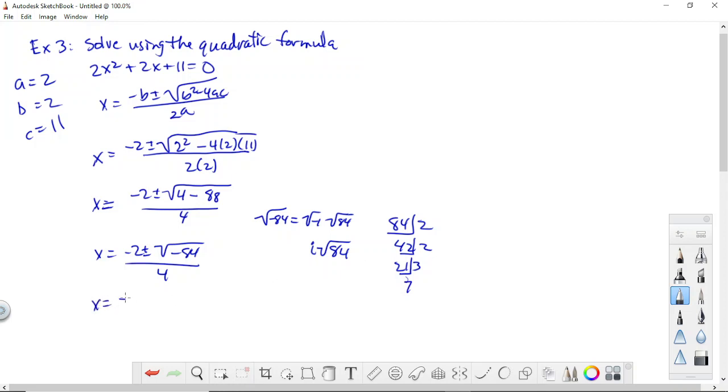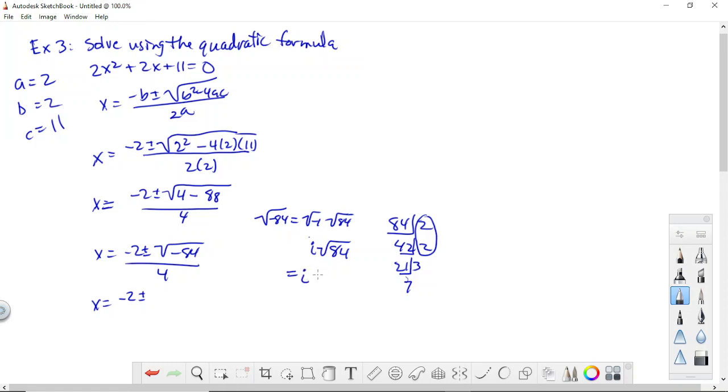And so what do we do with that? Well, we got negative 2 plus or minus. Now, what comes out, of course, is 2, because there's a pair of 2's, but there's also an I out front. Okay, don't forget the I. We said this is I times the square root of 84. So we'll just write it down here, what we have then.